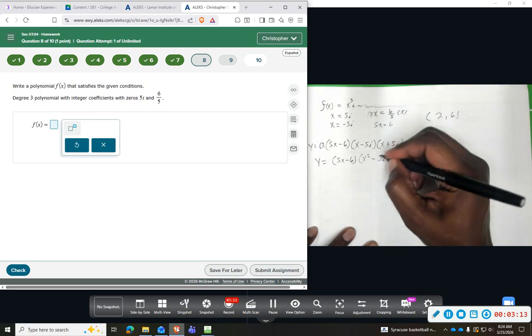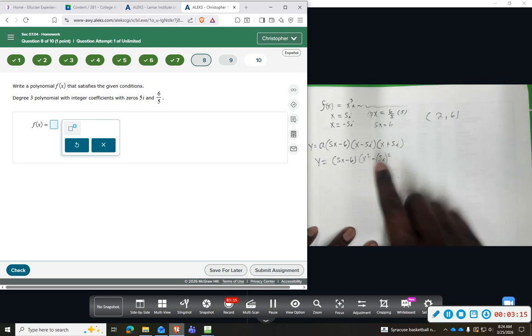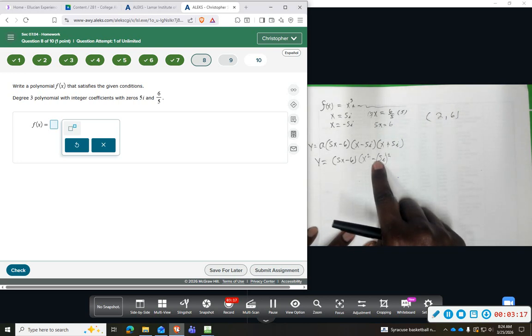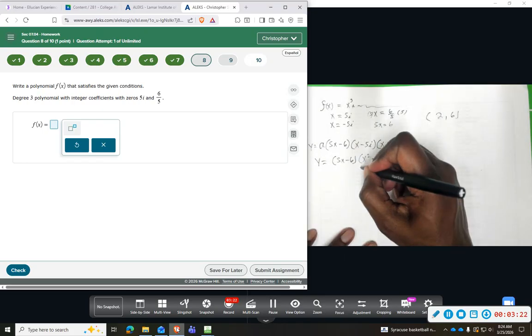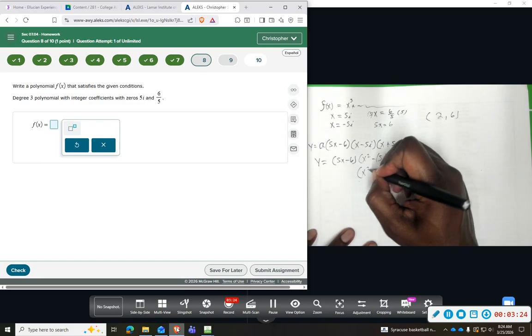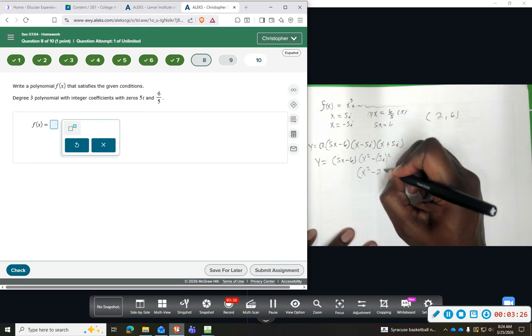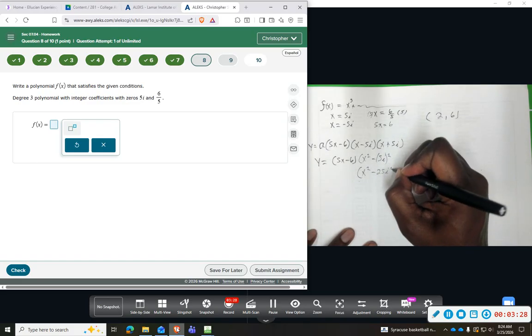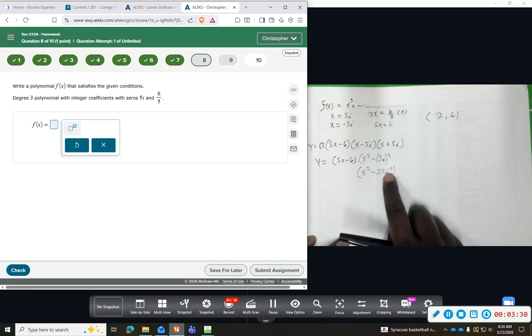Now, this whole thing is squared. Square 5, we get 25. Square i, we get i squared. So this, just working on the second part, x squared minus 25 i squared. Recall i squared is -1, so negative times a negative, this becomes a positive 25.